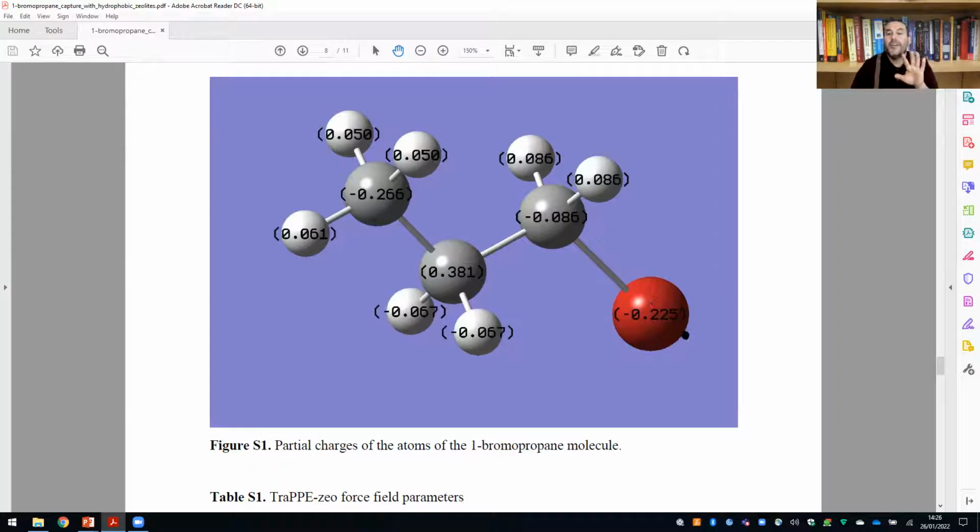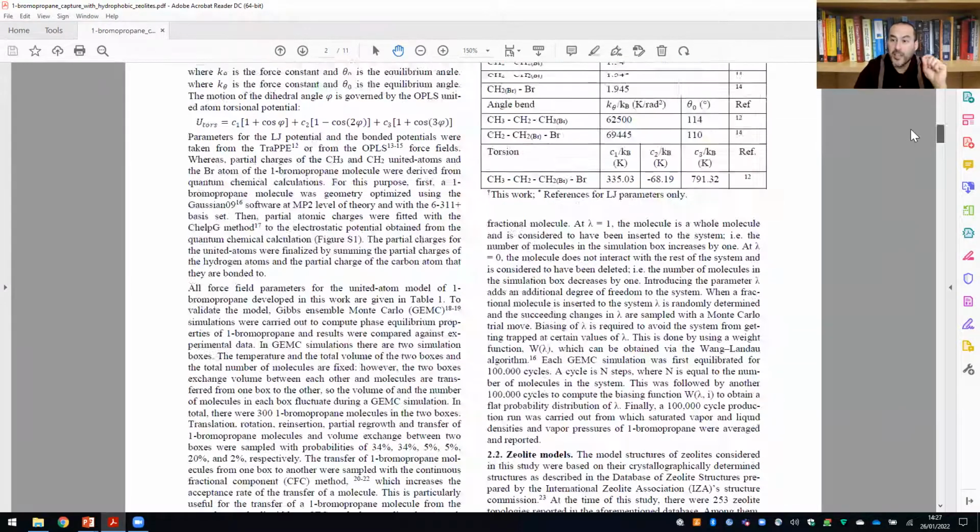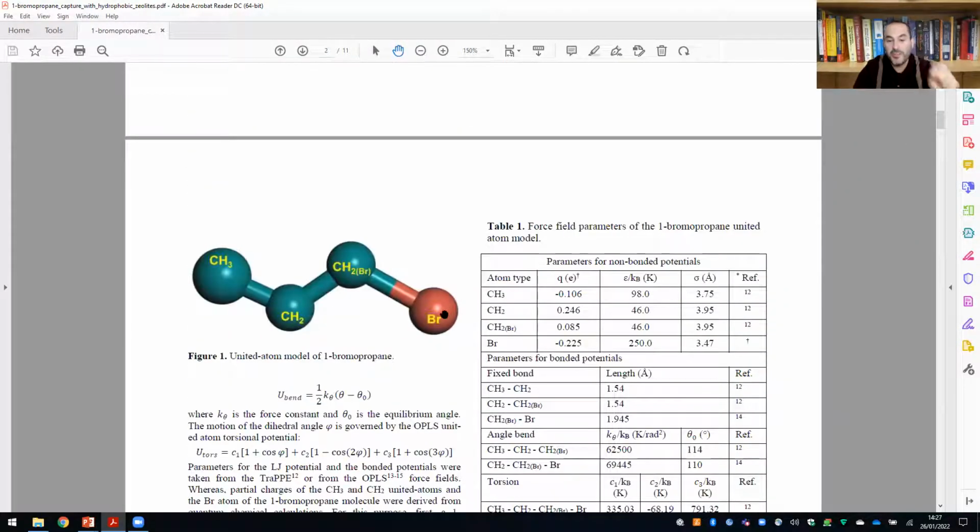The next step is a simplification, which is very useful. Usually, we sum these hydrogen atoms into the heavier atom. So we represent CH3 as a united atom. It's a bead. We represent the CH2 again as a bead. Obviously, we sum the charges, and also we sum the mass. So what you have at the end is what we call a united atom. We don't do it for bromine because it's important to treat the bromine explicitly.